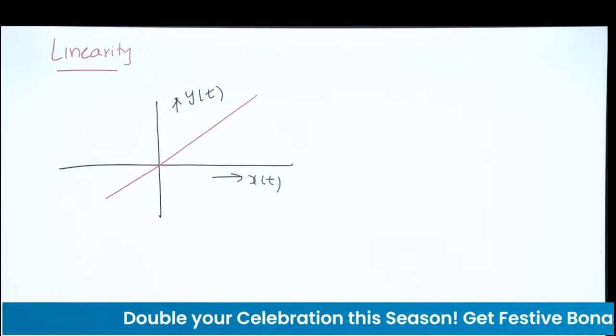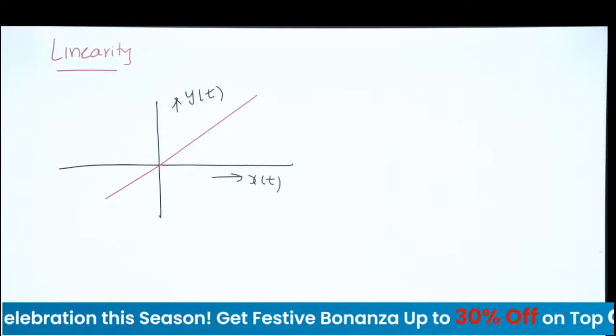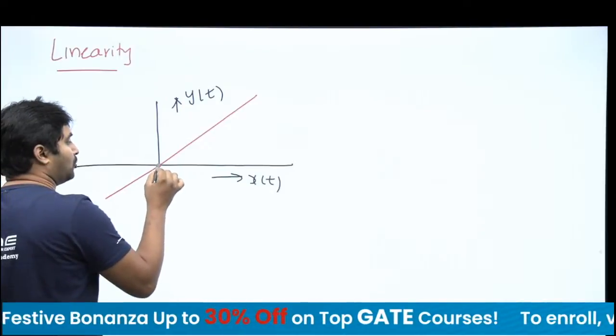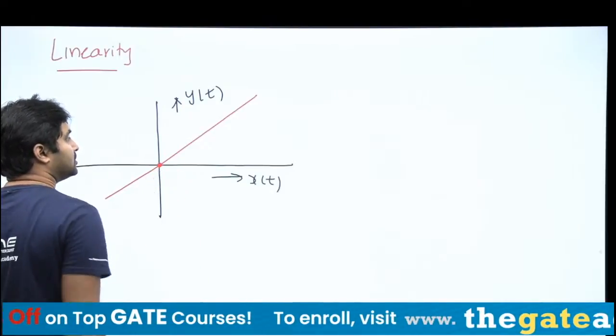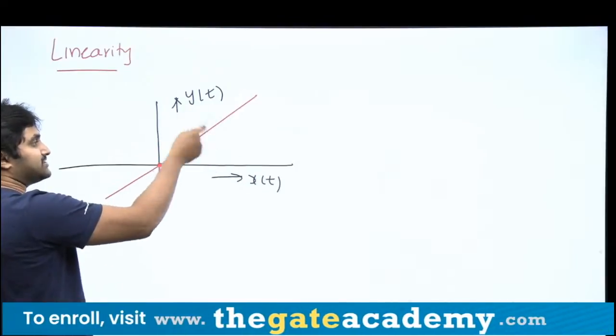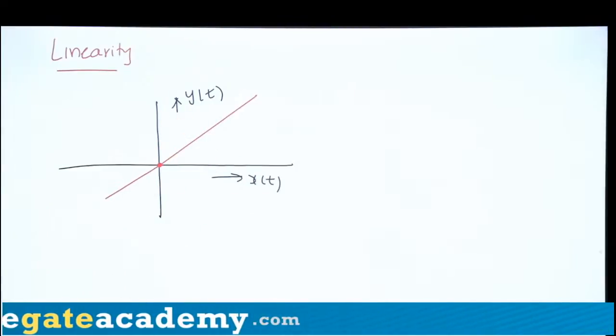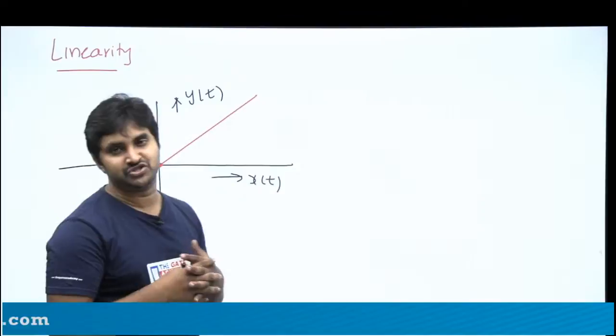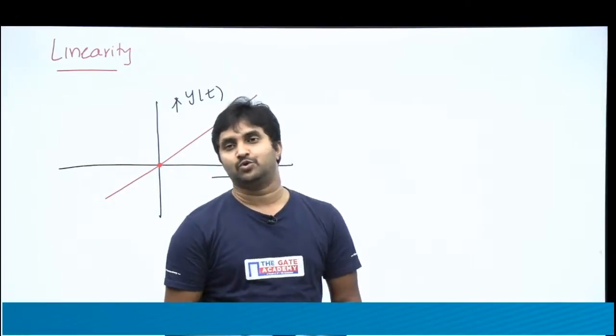If I draw between input and output, it should be like this. When x of t is equal to 0, output is equal to 0. So there should be a linear relation that has to exist between input and output. This is what is told by the superposition principle.